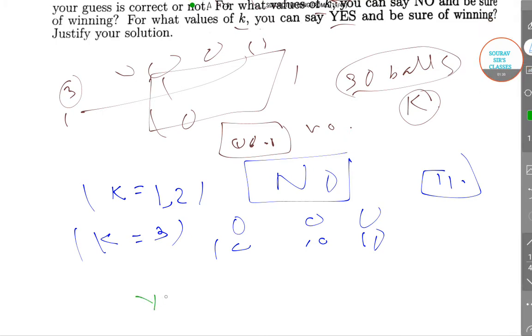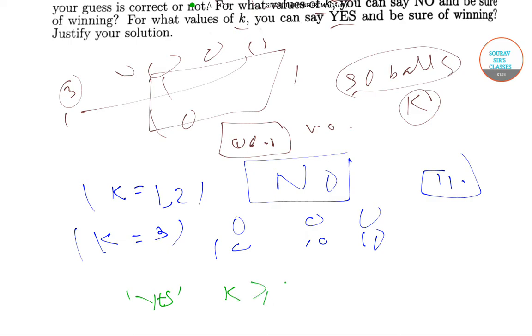Now for a sure shot yes, we have to have k greater than or equal to 21, because if k is 21, suppose a single type of ball is 11 in number, that may cause duplicacy of 2 balls of the same color.